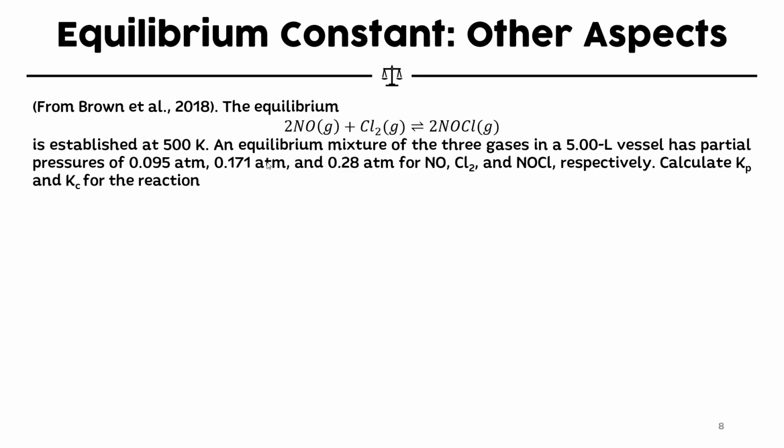An equilibrium mixture of the 3 gases in a 5-liter vessel has partial pressures of 0.095 atmospheres, 0.171 atmospheres, and 0.28 atmospheres for nitrogen monoxide, chlorine gas, and NOCl respectively. Calculate the Kp and the Kc for the said reaction.